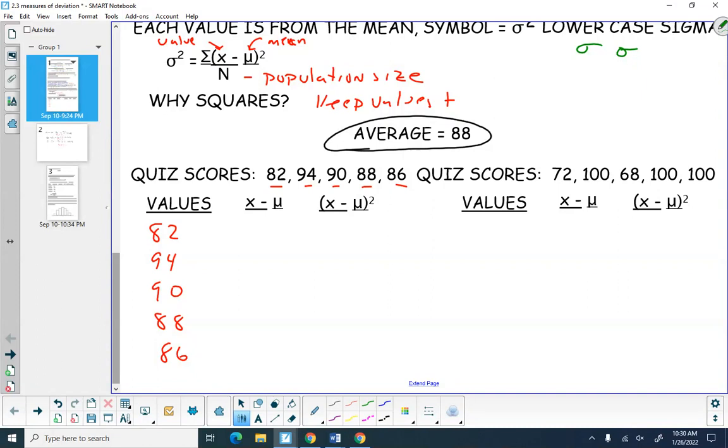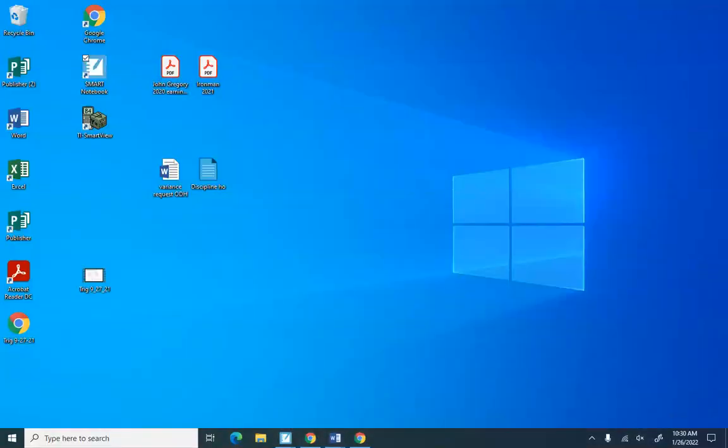So we start out with value minus the mean. So we have 82 minus 88. Now these are things that you're going to want to work sideways with your calculator.